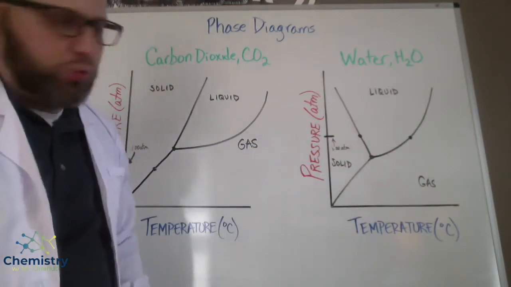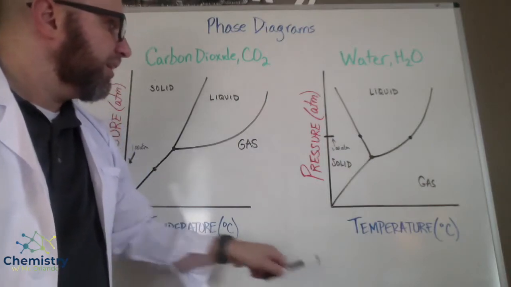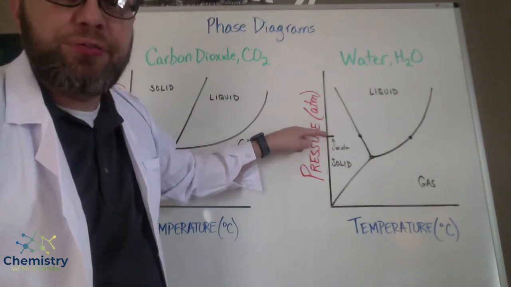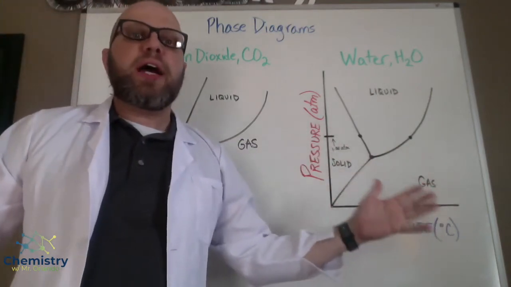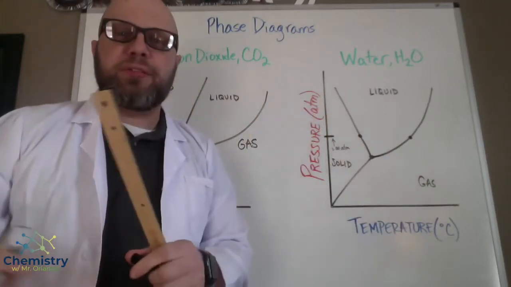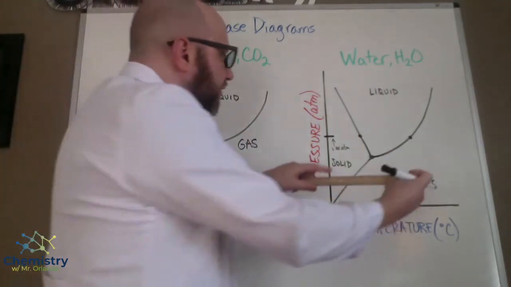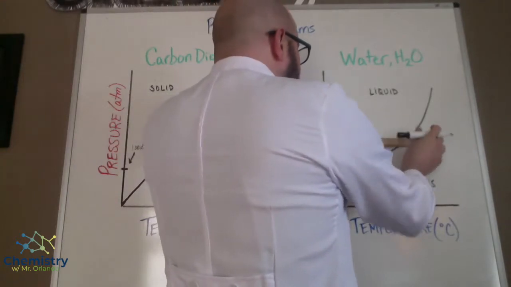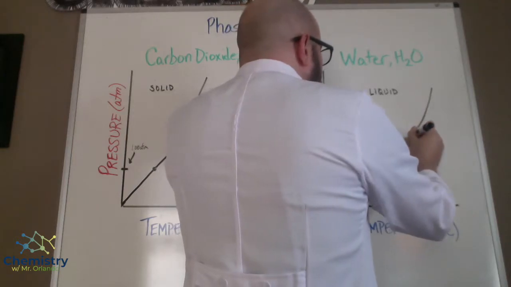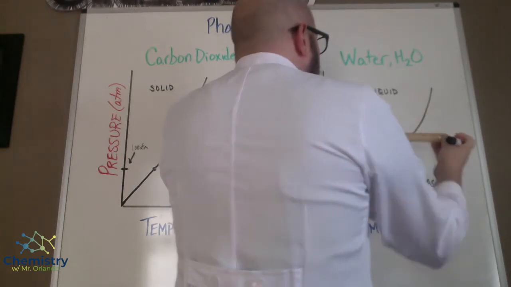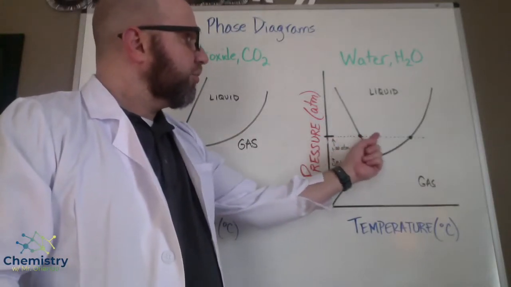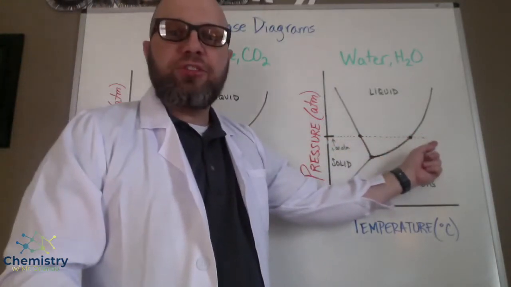So let's use water as our example, and if you notice, I have a mark where 1 atmosphere would be. So that's where we are. We're at 1 atmosphere of pressure. Sometimes it's referred to as sea level. So if I draw this line across for 1 atmosphere, like so, I go from the solid phase to the liquid phase to the gaseous phase.